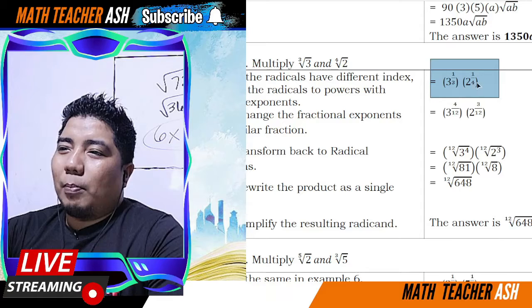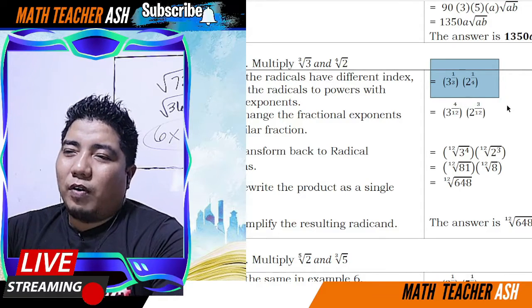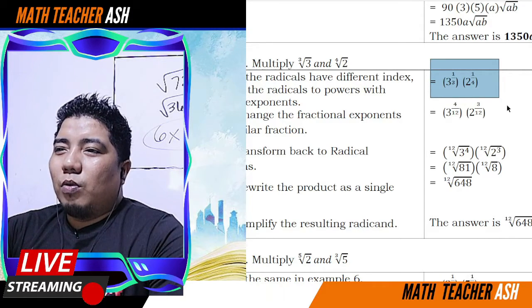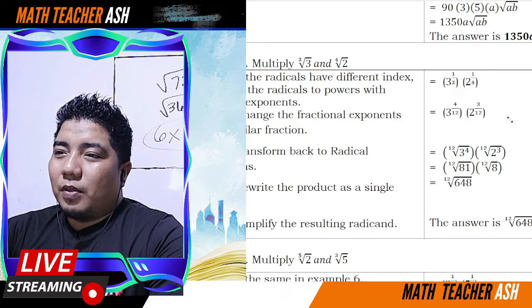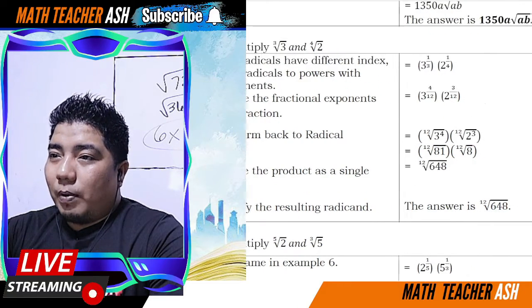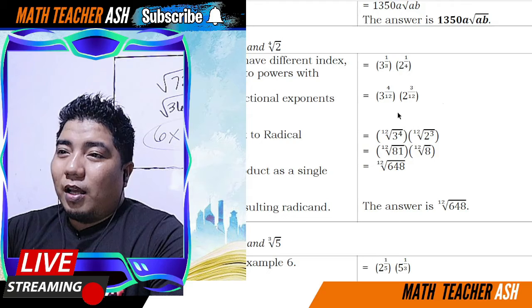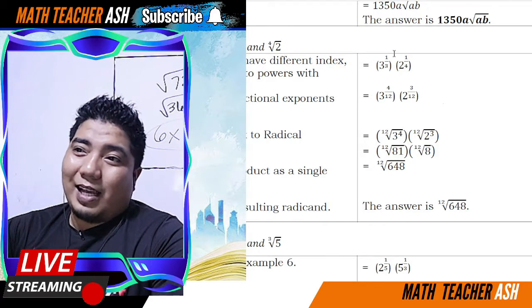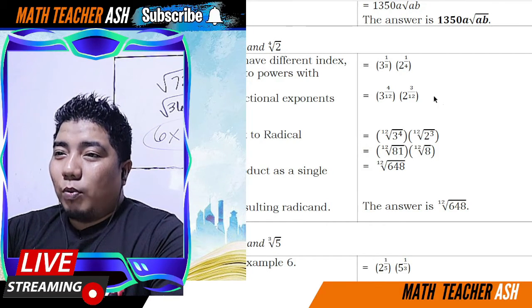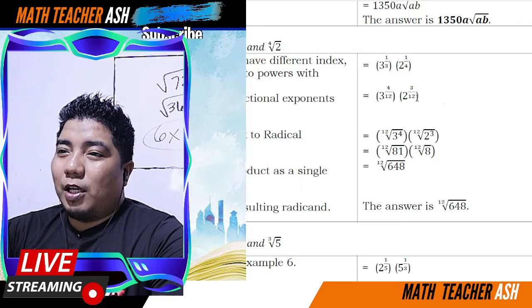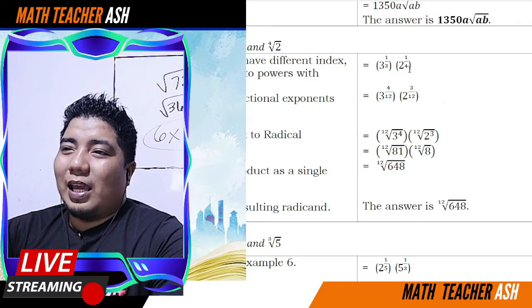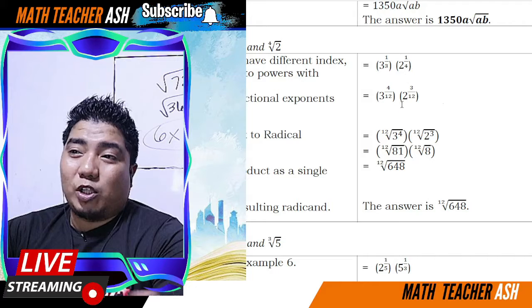Now, how do you multiply them? Of course, by the product rule. When you multiply them, you cannot multiply them unless they have the same, they are like signs, right? Okay? So, what we will do now is change them into similar fractions. So, 3 and 4, what is the LCD of 3 and 4? That is 12.